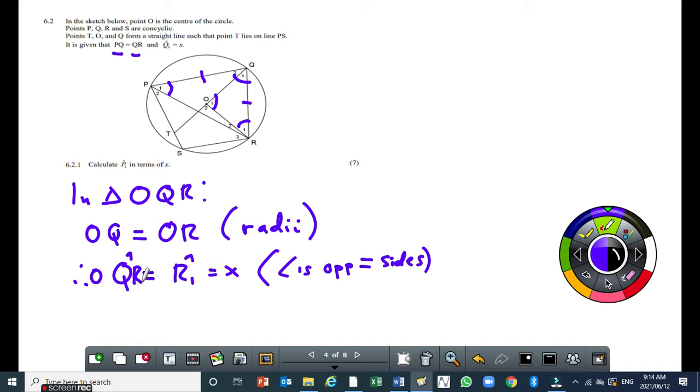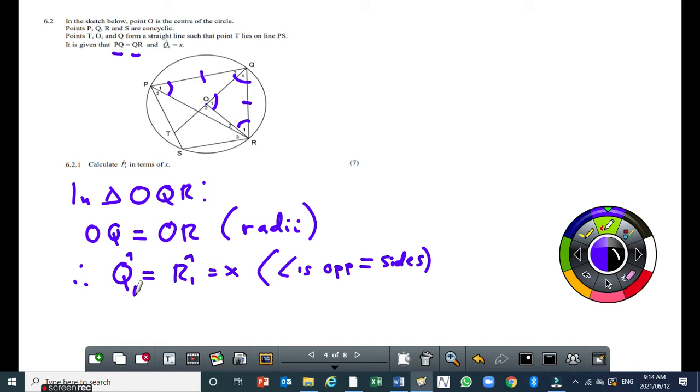Okay, let's put Q1 there. So this will be Q1. Be more specific. It's very important for you to be very specific about your angles. So Q1 is equal to X. So if Q1 is X, R1 is also equal to X.